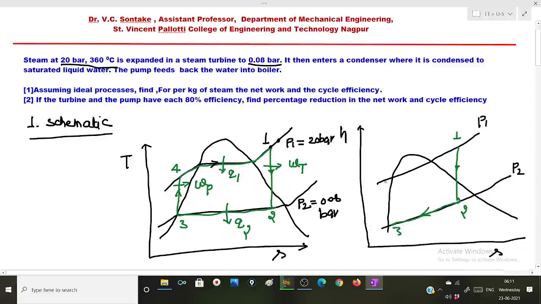Please draw this line perfectly vertical. I could not draw. 3 to 4, isentropic compression in the pump, and 4 to 1, isobaric heat addition.